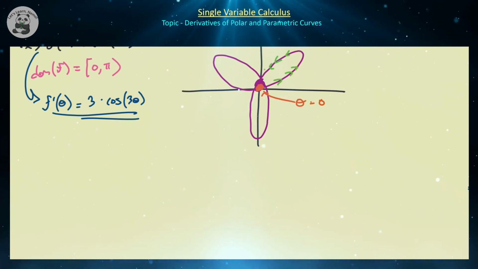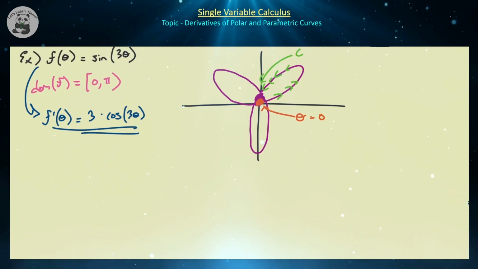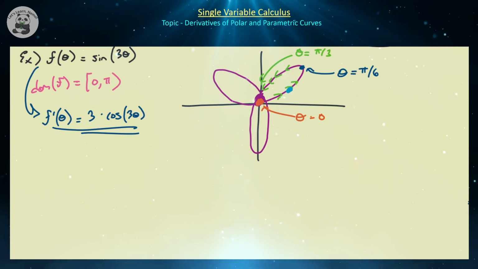Then we're going to eventually get back to the origin at theta is equal to pi divided by 3, which means that we're going to be reaching the tip of that first petal when theta is equal to pi divided by 6.